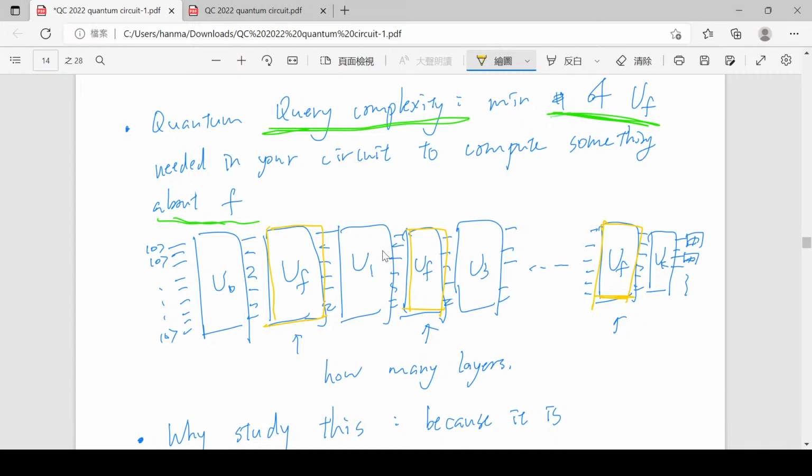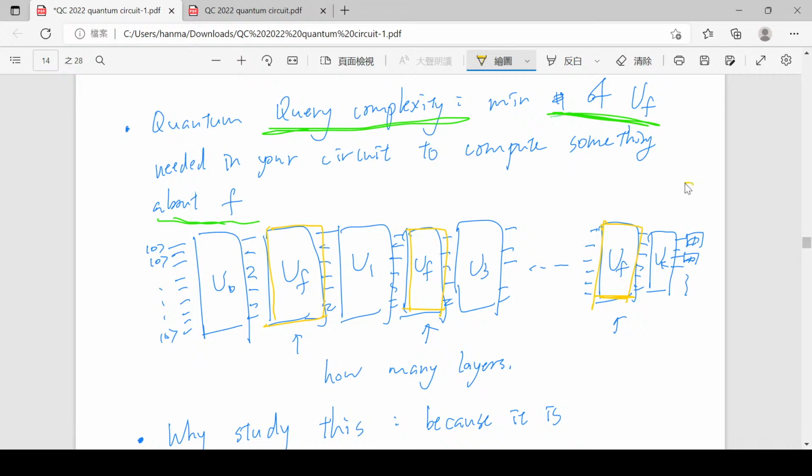So you have some layers of unitary that don't depend on f. You start with this unitary, then apply your oracle, then apply another unitary that doesn't depend on f, your oracle, etc. And at the end you do the measurement, and hopefully you get the thing you want to compute about f.